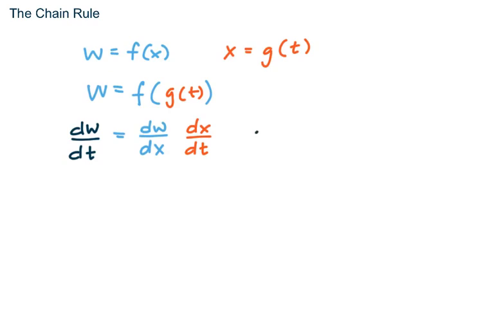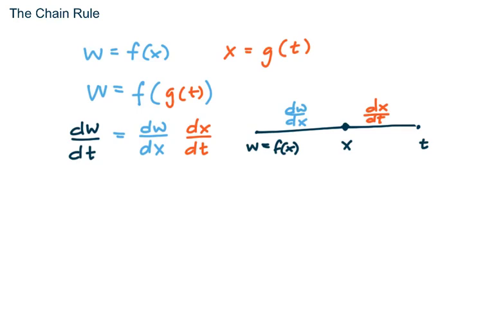And we end up with kind of what we call a dependency diagram. It shouldn't have an arrow at the end. So w being some function of x, we have this x, and x turns into a t. So along the way, we said derivative of w with respect to x, and then times derivative of x with respect to t.